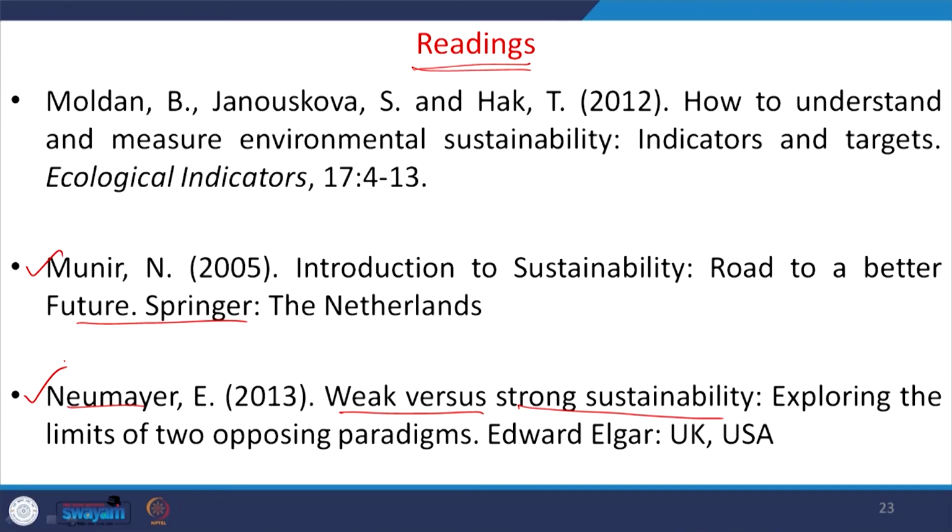So, now we are done with sustainability and environmental sustainability. We need to look into these readings. These are the basic readings for understanding sustainability and environmental sustainability as well. The second and third references are these two books. The first gives the detail of the sustainability concept, and the second will be helpful in understanding the typologies of sustainability, or the two paradigms of sustainability, weak and strong sustainability.